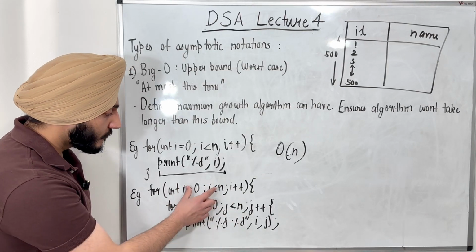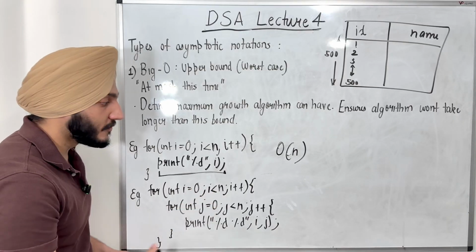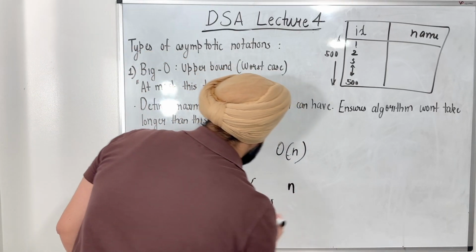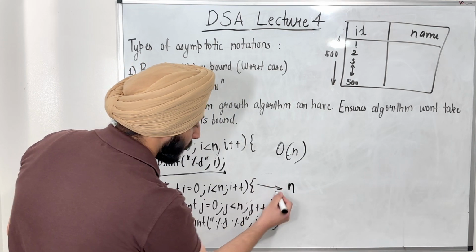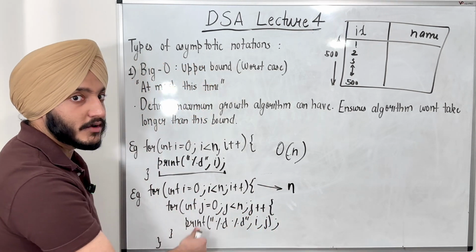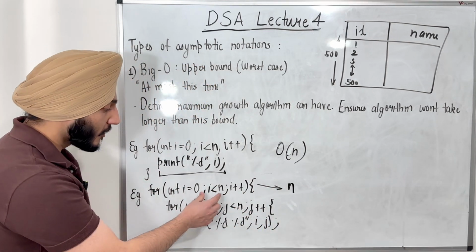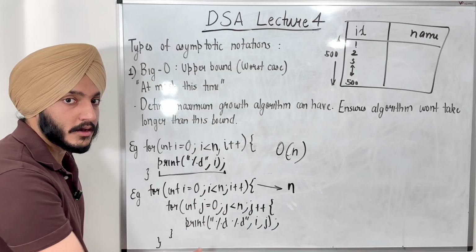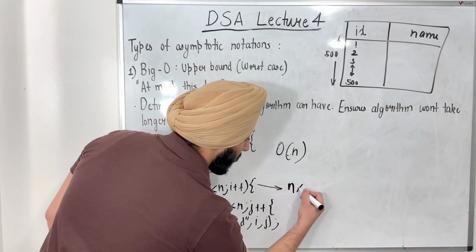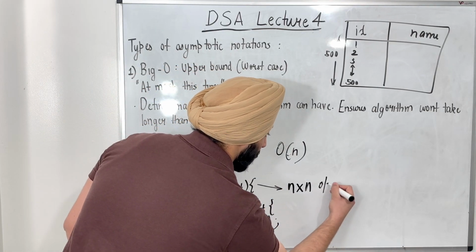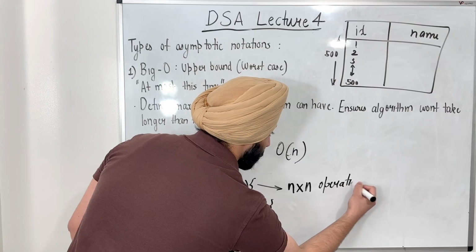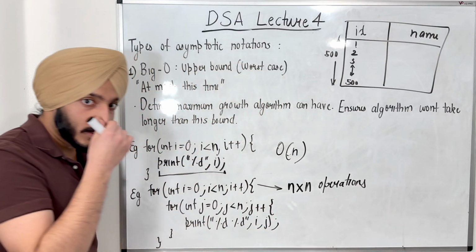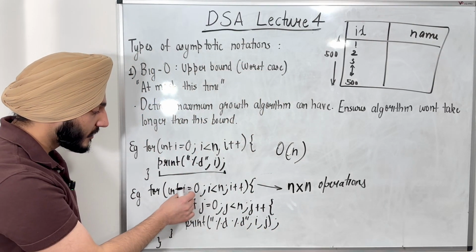So first for this one, it's performing n operations, right? n operations for this for loop, but then inside that we have another for loop, right? So for each operation of this one, we are performing n operations as well. So that means n multiplied by n operations, right? Think about this, right? So I start with i equals 0.